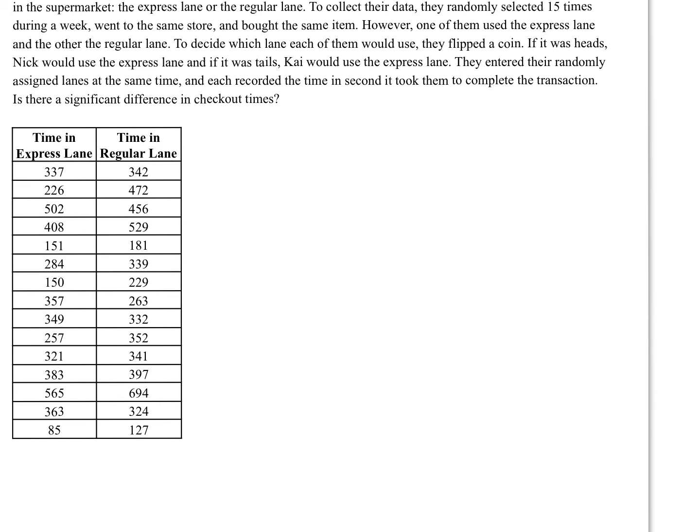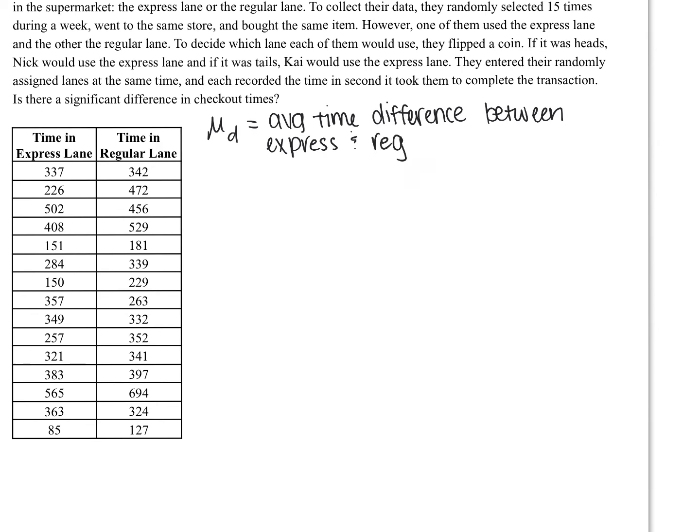By pairing data here, we are controlling the store busyness, the items purchased, etc. So when we're looking at what our mu sub d represents, it's the average time difference between express and regular.